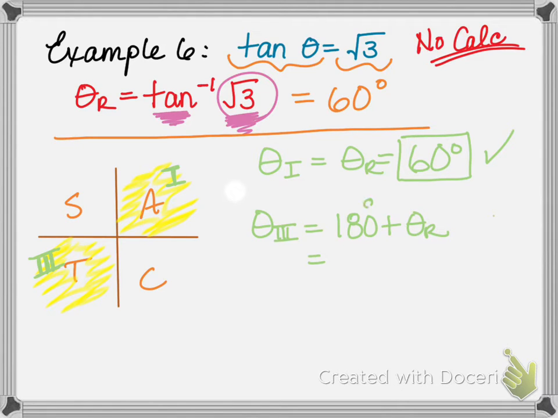So it's going to be 180 degrees plus my 60 degrees, which was my theta r. And so my second angle is 240 degrees. And both of those angles fall between 0 and 360.